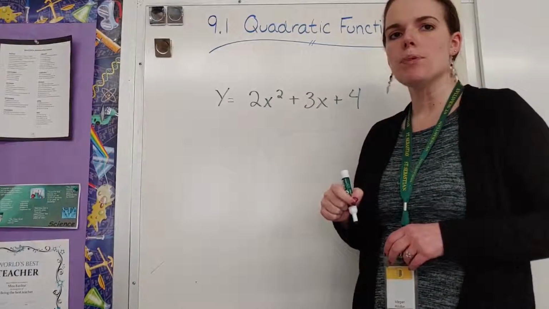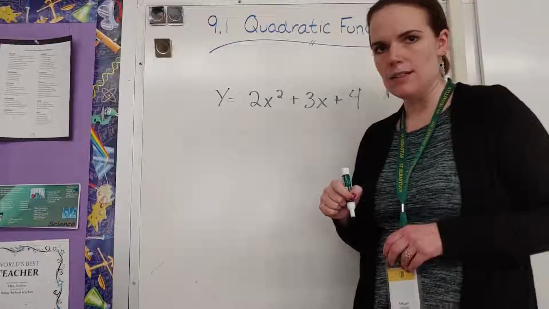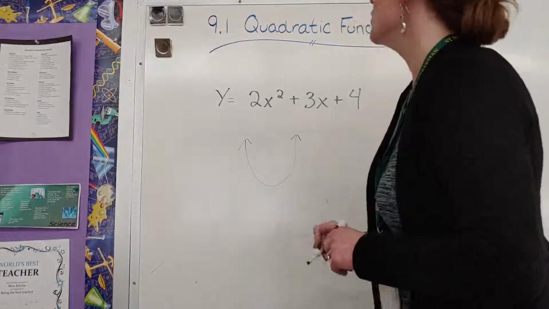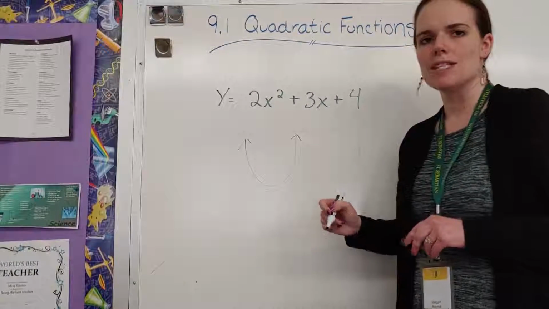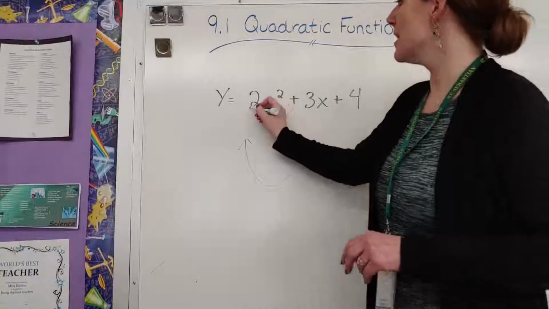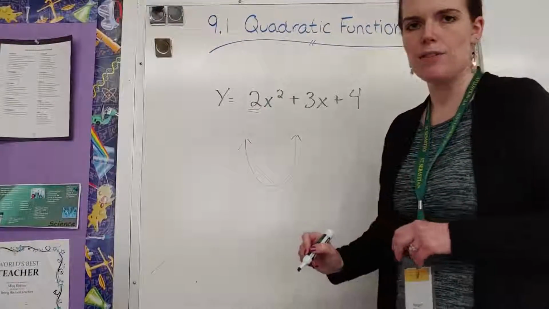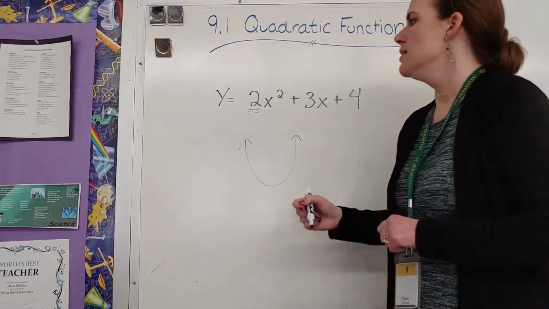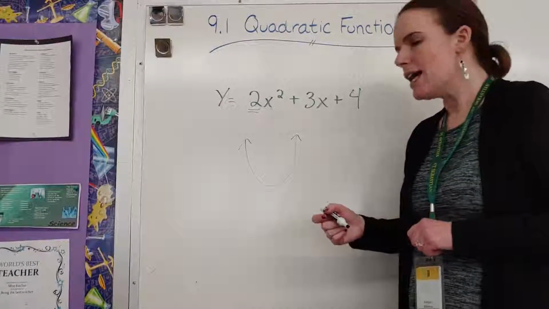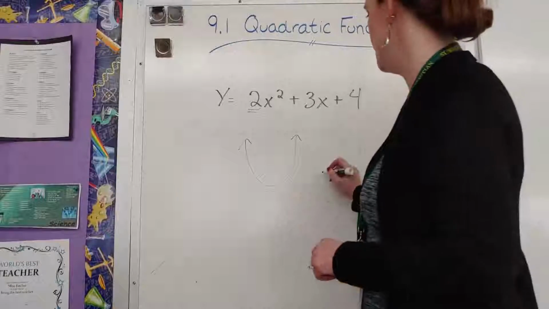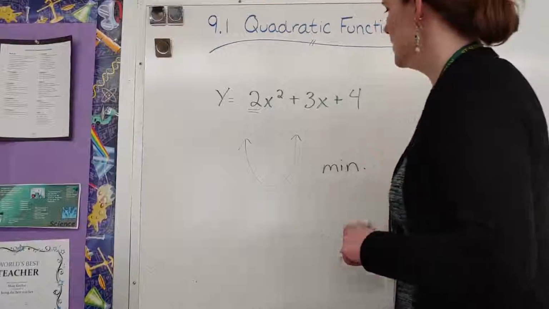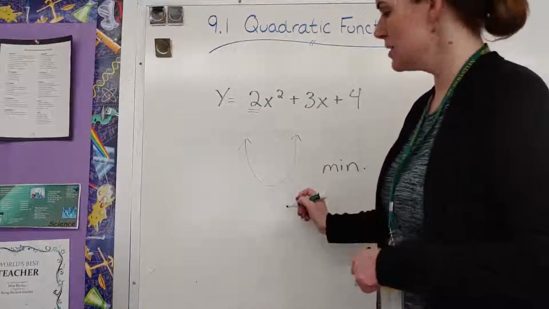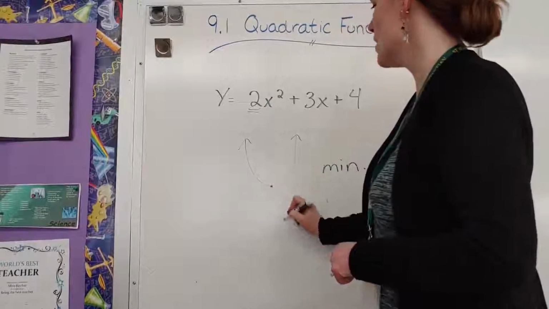So this is a parabola that is facing upward. You know this is a parabola that's facing upward because this a value is positive. So it's a smiley face for a positive a value. Also, you know it has a minimum because any parabola that is shaped upwards is going to have a low point or a minimum.